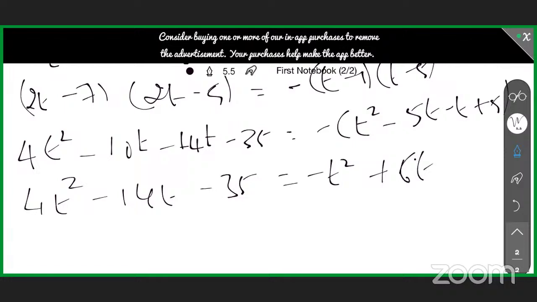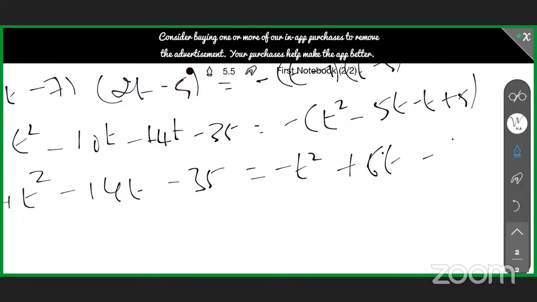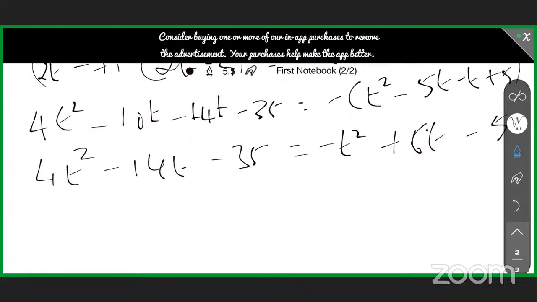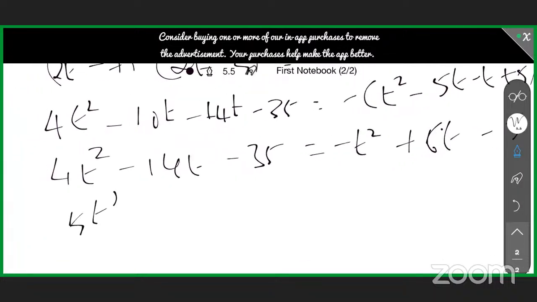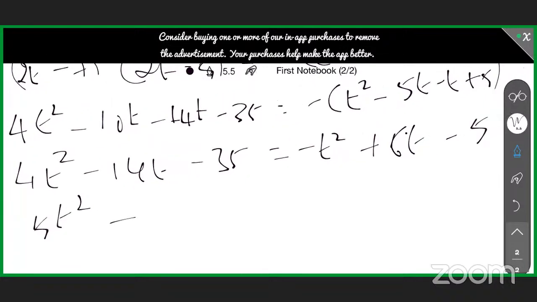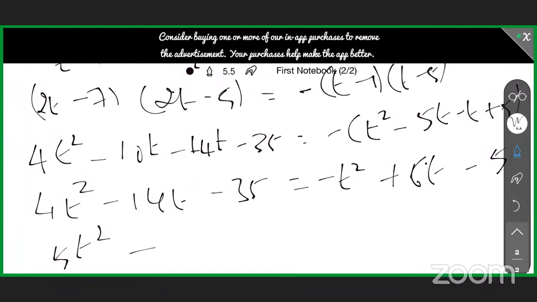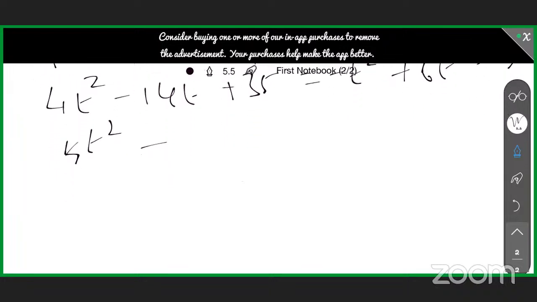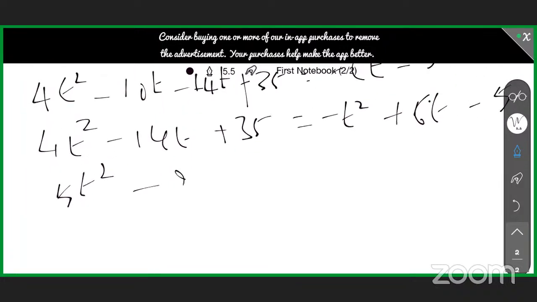Take everything to this side. This will be 5t square, plus 35, also plus 5, so it will be 5t square minus 30t plus 40 is equal to 0.